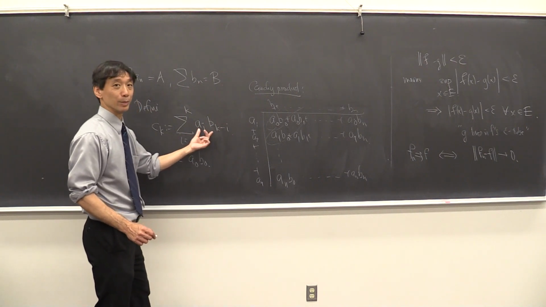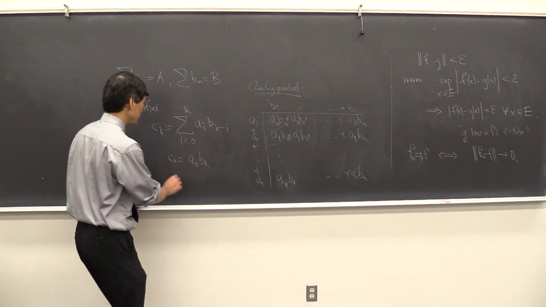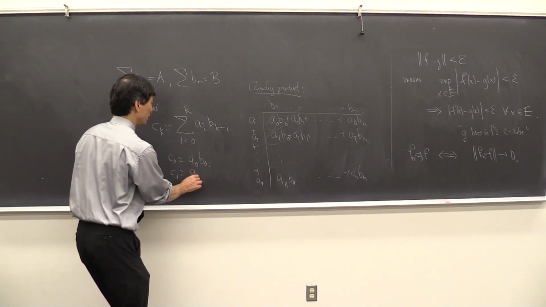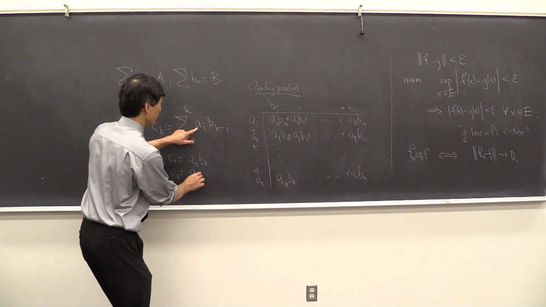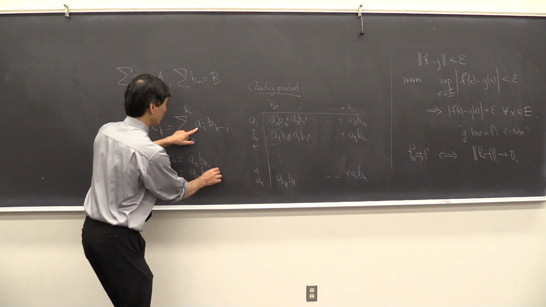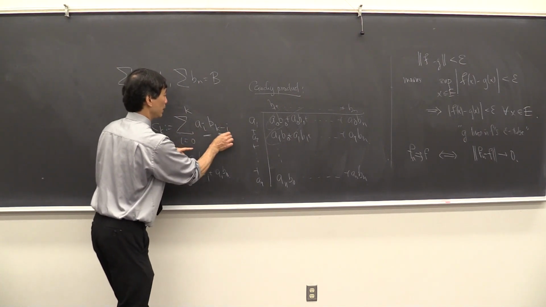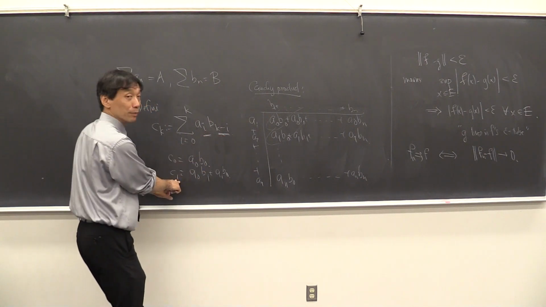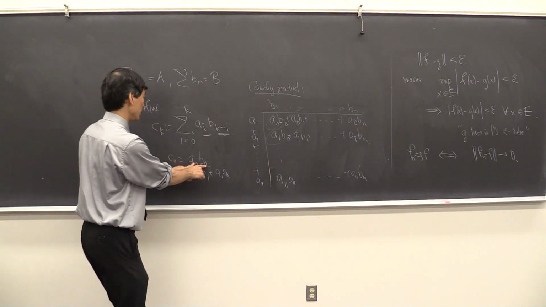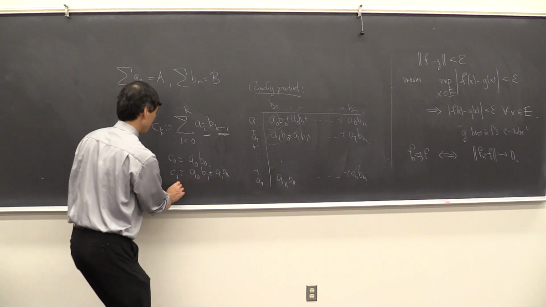C1 is going to be A0B1 plus A1B0. These indices add up to 1: 0 plus 1, 1 plus 0.